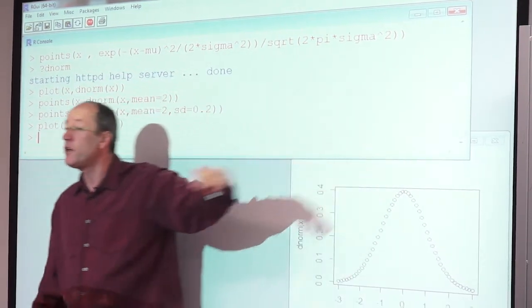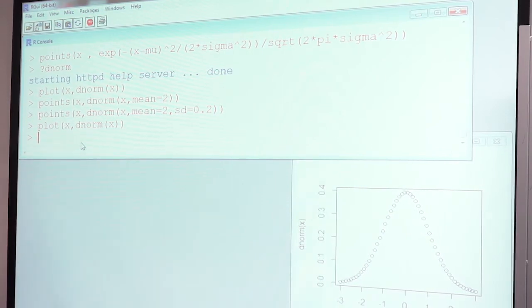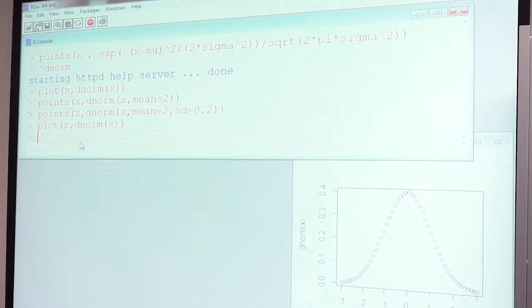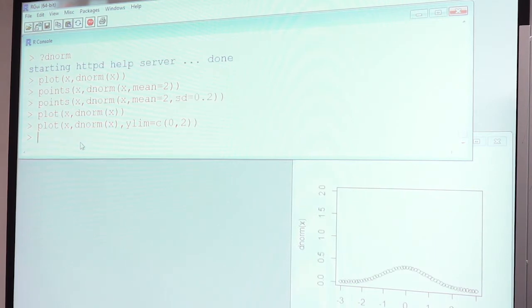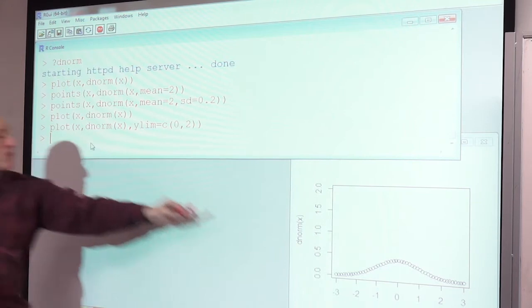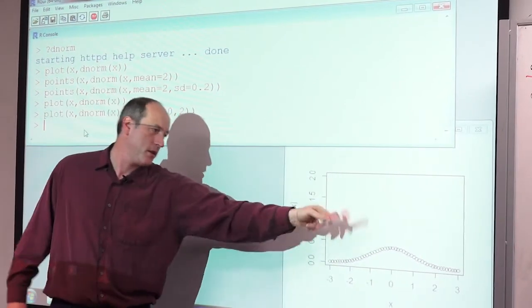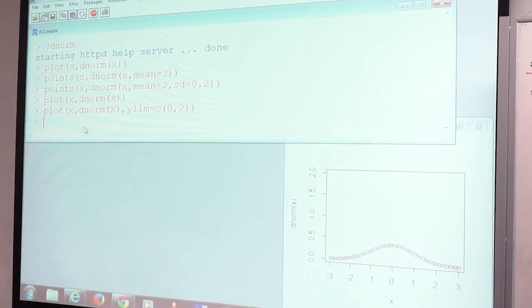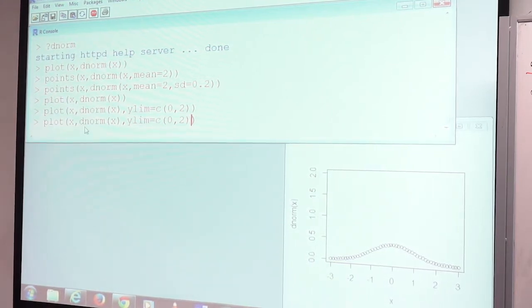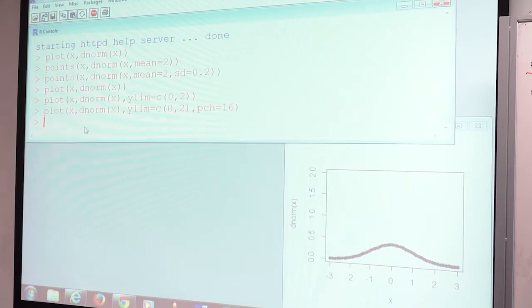But it didn't redraw the axis because I'm only putting points on an existing axis. So what I'm going to do now is go ylim equals from 0 to, let's say, 2. There you go. So now when I plot it, the limits of the y-axis don't just fit to the curve, they go from 0 to 2 because I'm going to put some other stuff on it. Make it nice and visible.